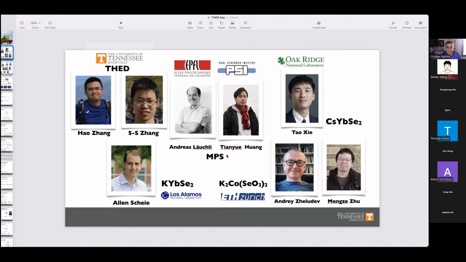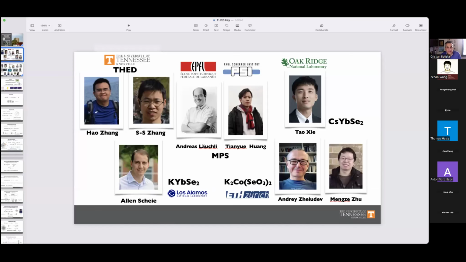And then different experimentalists: Tao Jie from Oak Ridge, who works on this material where I will show some comparisons; Alan Sheehan from Los Alamos, who worked on this terbium-based triangular-lattice antiferromagnet; and Andrei Zheludev and Mengze Xu, who work on this very popular material, another triangular-lattice antiferromagnet, but that one is close to the Ising limit, so it's famous because they saw very clearly this kind of spin supersolid that was predicted years ago.